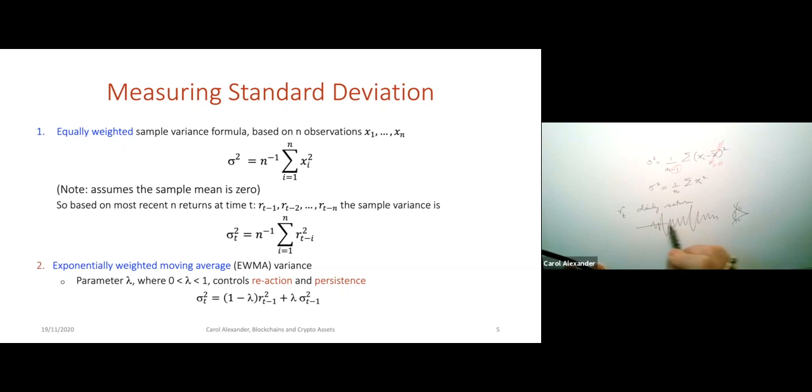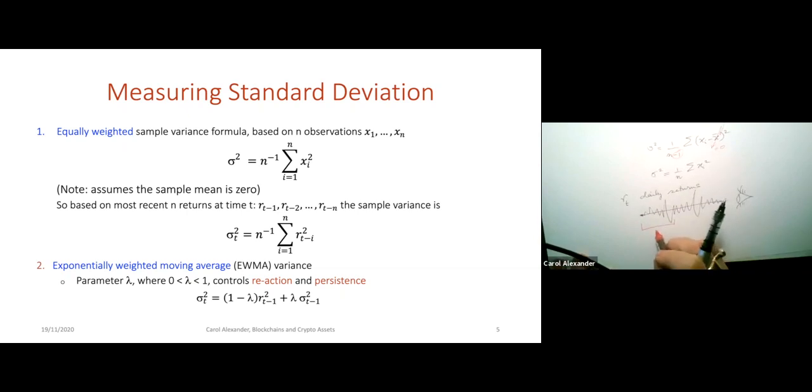These are our daily returns from the beginning of our sample, and then they go on and on and on. For the equally weighted method, this first method at the top, we take a chunk here, say n of them, and at this point, say that's time t.